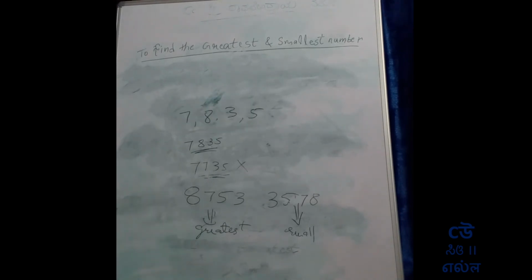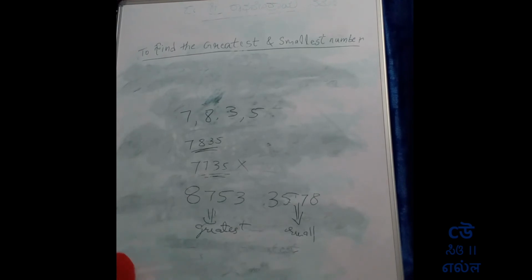Okay, children. As I told you, in this, what did we learn? We found how to find the greatest and smallest number with the 4 digit number which they have given.